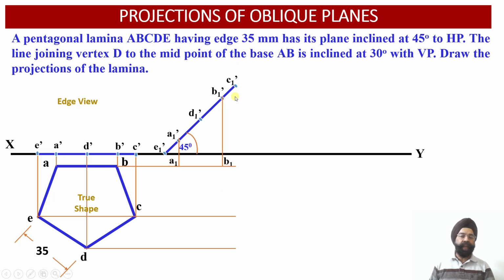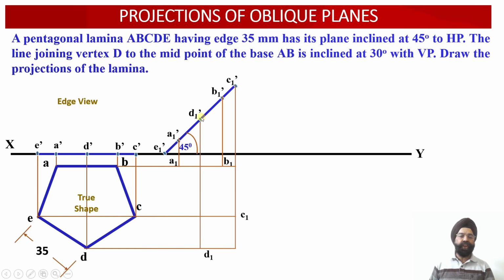Similarly, the vertical projector through B1 dash and the horizontal projector through B provide us with the intersection point B1 over here. Similarly, the vertical projector through C1 dash and the horizontal projector through point C intersect, and this provides us with the location of the point C1 in the top view projection.